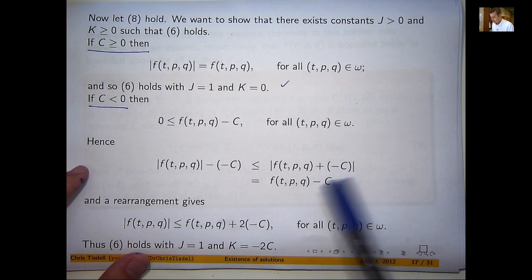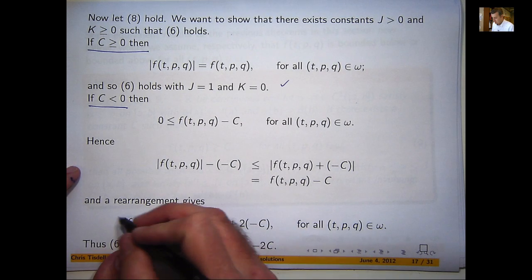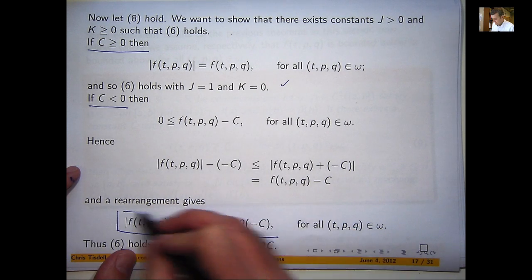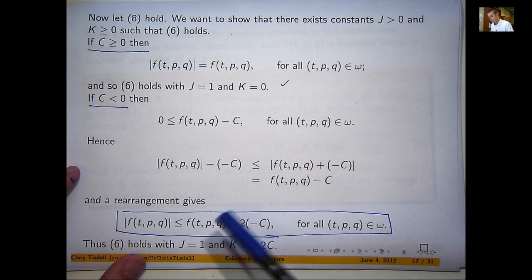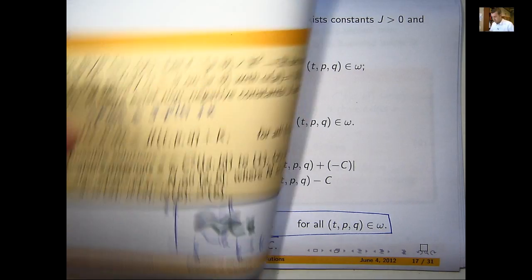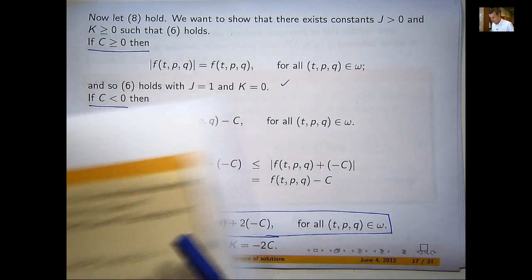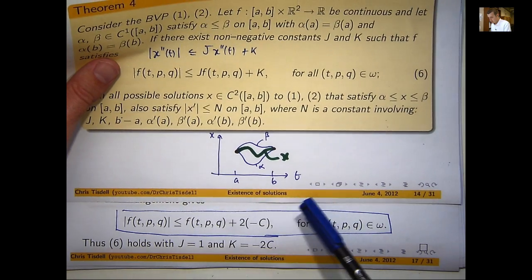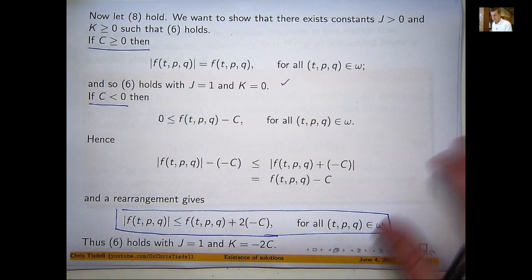So essentially rearranging this, bringing this to the other side, you come up with this inequality here. So this will reduce to 6 with big J equals 1 and big K equals minus 2c. Okay?